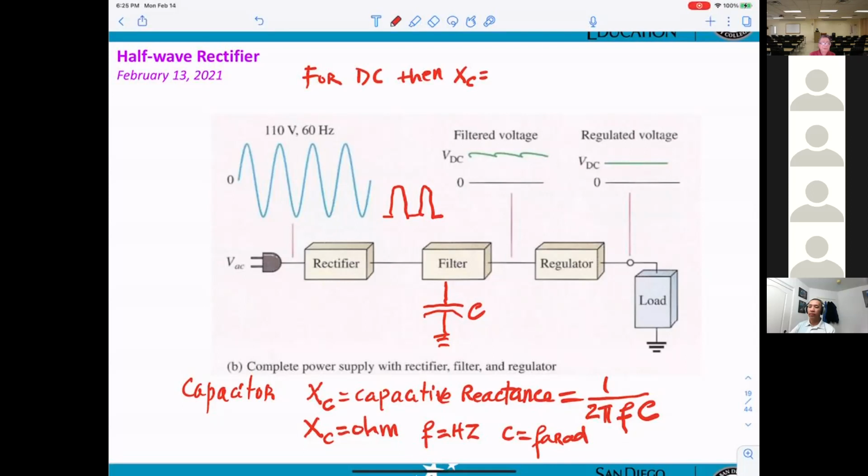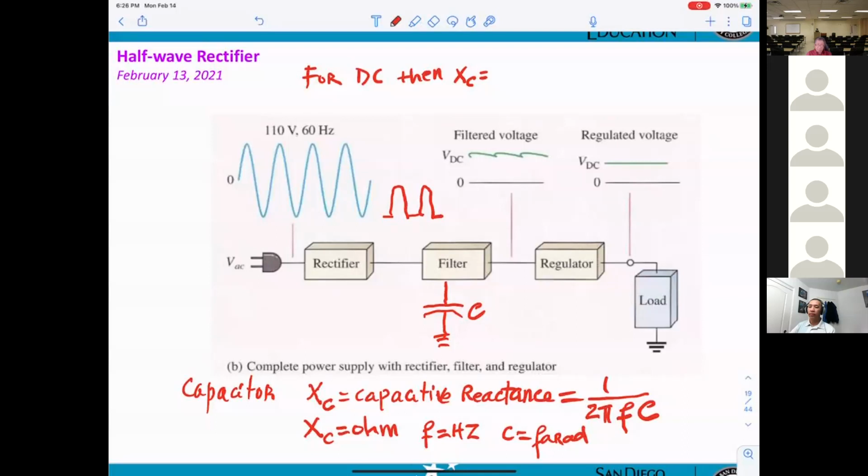For DC, tell me what XC equals. You guys have to work with me, okay? Either you get it right or you get it wrong, but I try to help you understand. What was the question? For DC, what is XC, the capacitive reactance, equal to?